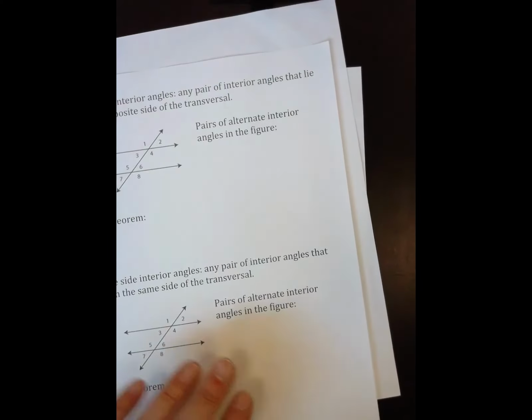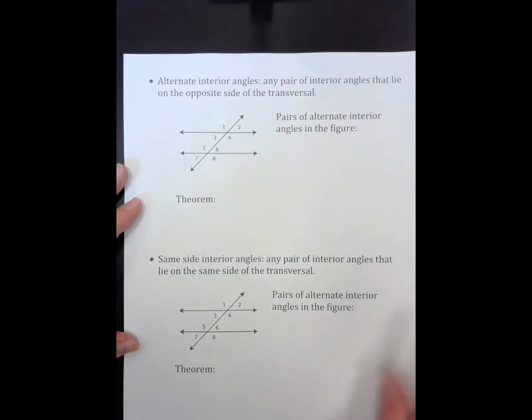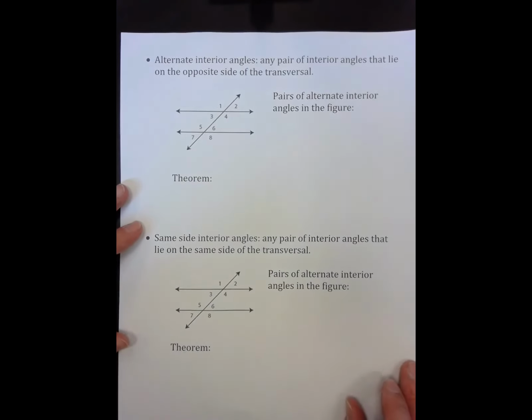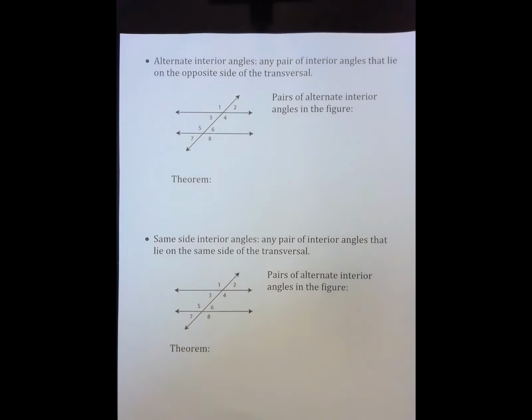My next angle theorem that I want to talk about is alternate interior angles. So the first thing we're going to do here is identify alternate interior. Alternate, meaning opposite sides. Interior, meaning inside.